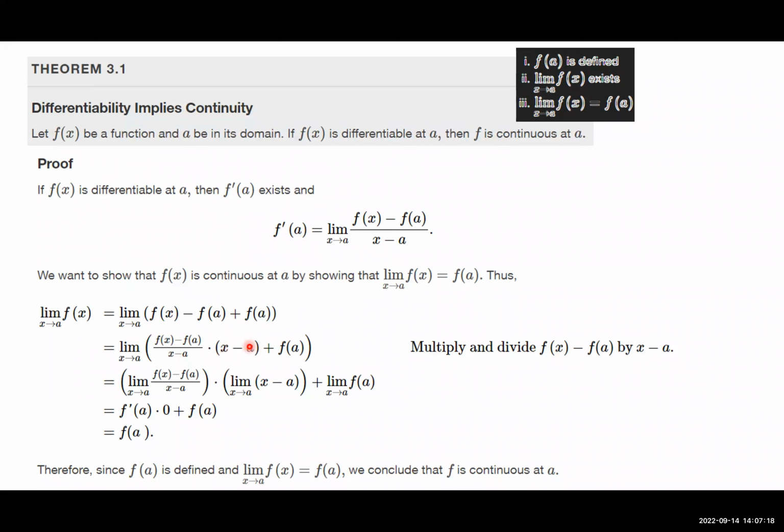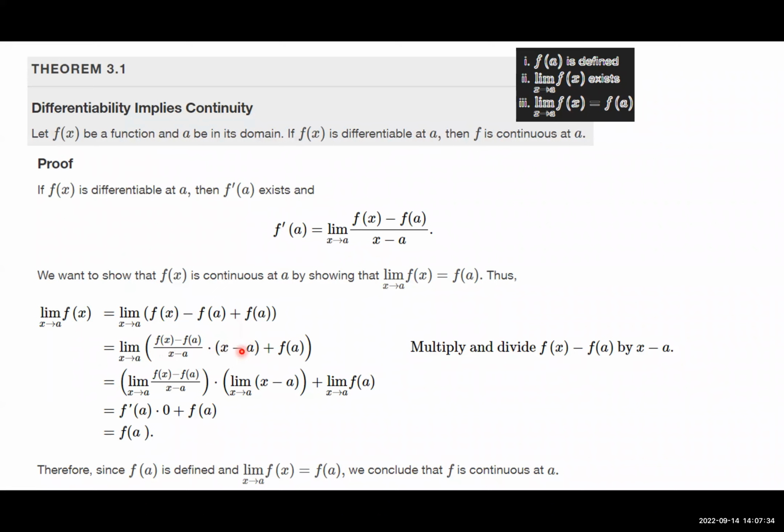You're multiplying by x minus a over x minus a, which is basically 1. And so you really haven't changed anything. You've added a 0 and you multiplied by a 1.